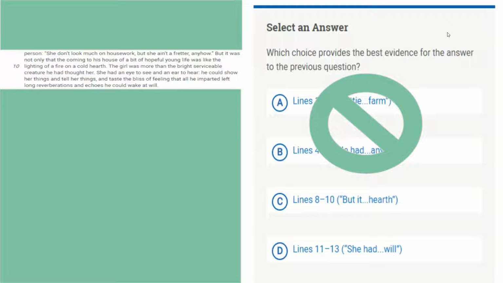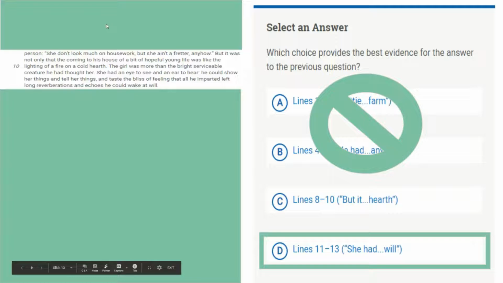So next, we can just go back to where our question was and choose between those two answer choices. It becomes much easier. As you can see, it says, "she had an eye to see and an ear to hear. He could show her things and tell her things and taste the bliss of feeling that all he imparted left long reverberations and echoes he could wake at will," which is answer D. We can choose answer D, which is correct.